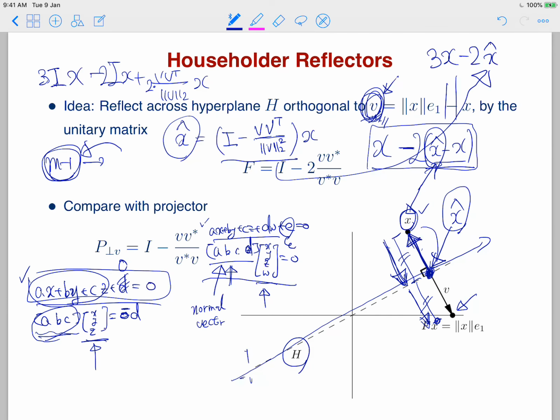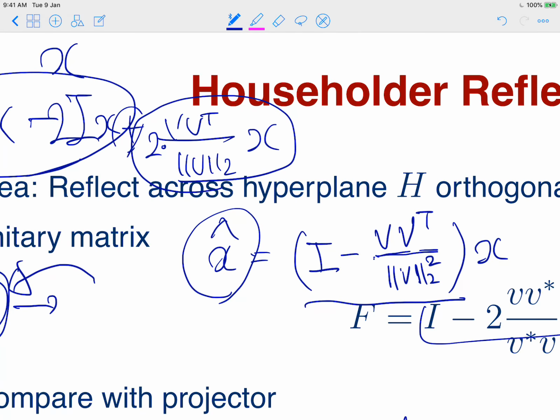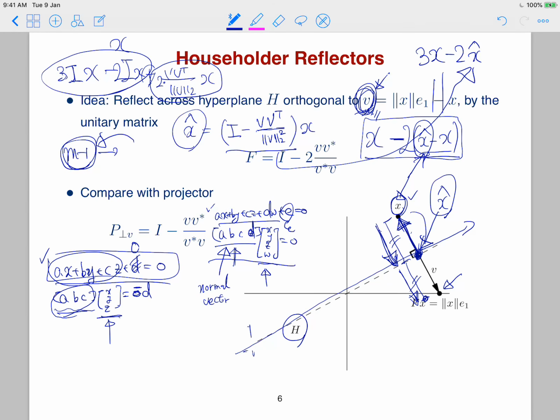So we have a single I over here and then plus this much, right? So why do we have the plus sign over here? It should be minus.